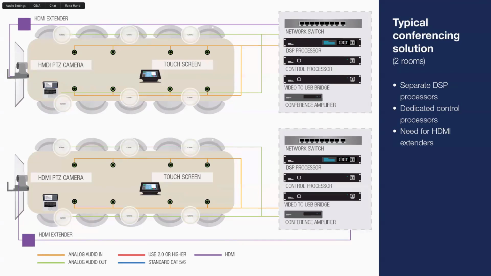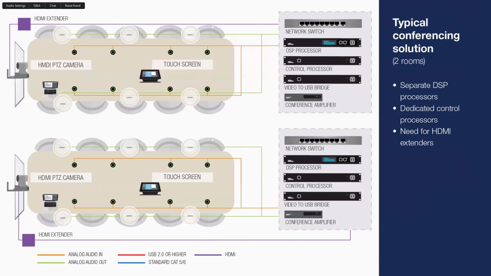6 to 12 participants. And this is that traditional model. This is what we see typically in the world today. A dedicated control processor, dedicated DSP for mic processing, et cetera, dedicated amplifiers for each space, and this is using some of the soft codec technology that's more prevalent nowadays.